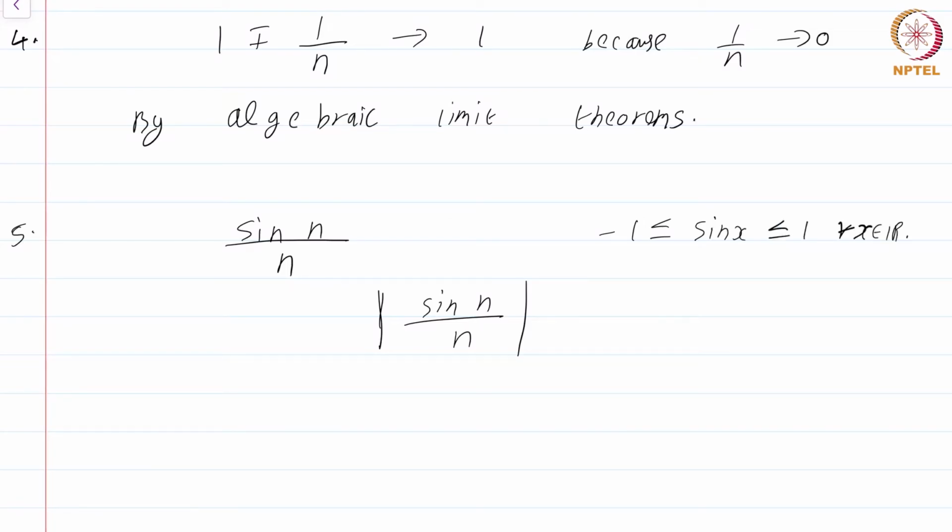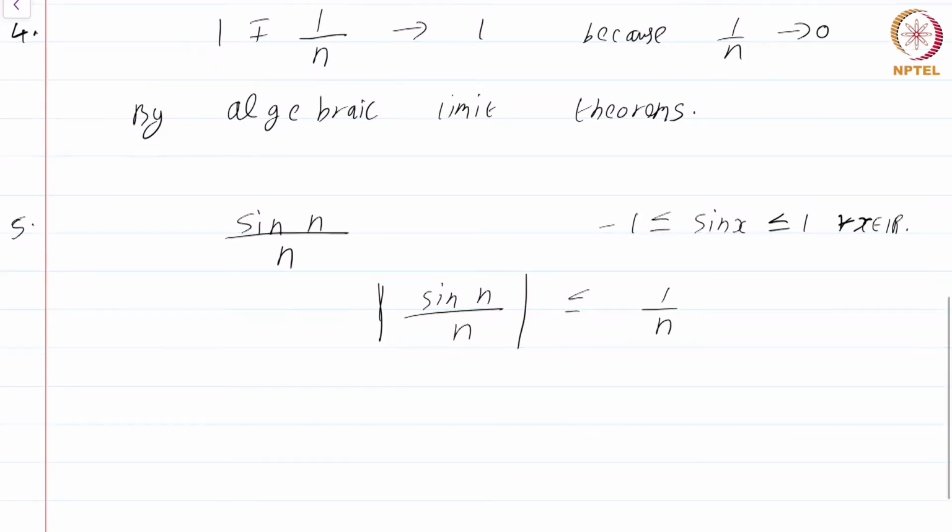This comes from the basic properties of the sine function. We will rigorously define the sine function, the cosine function, the logarithm, and the exponential in a later module. But for the time being, you can just take this for granted. You have known this all the way back from 8th or 9th standard. So minus 1 is less than or equal to sin x is less than or equal to 1 for all x in R. So certainly this is going to be less than or equal to 1 by n.